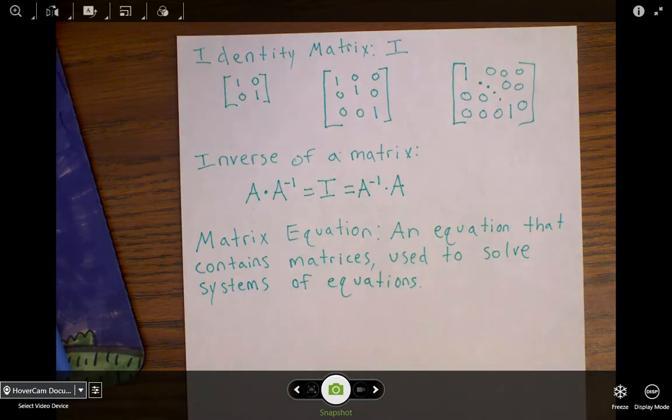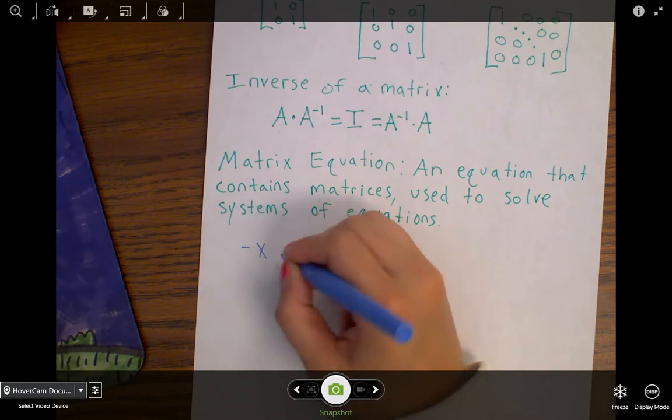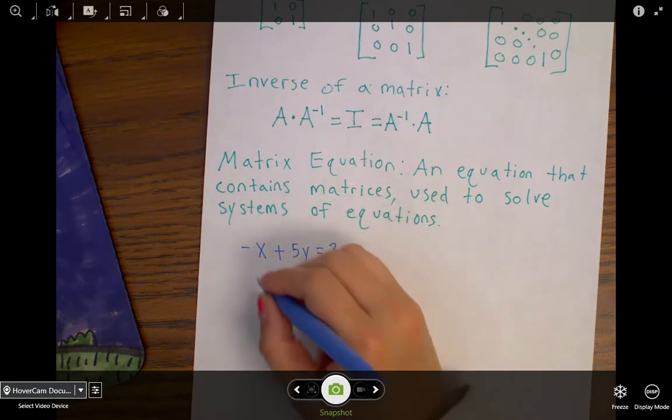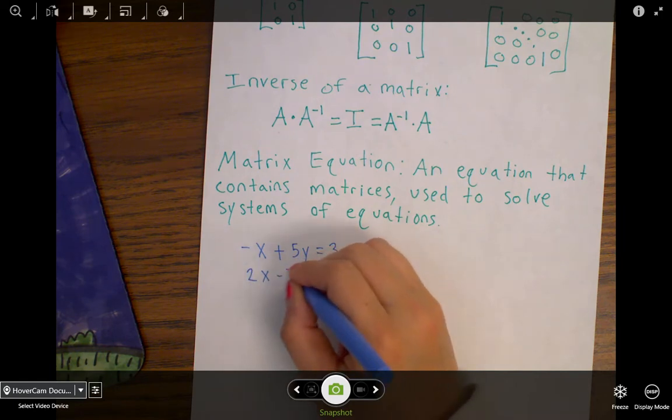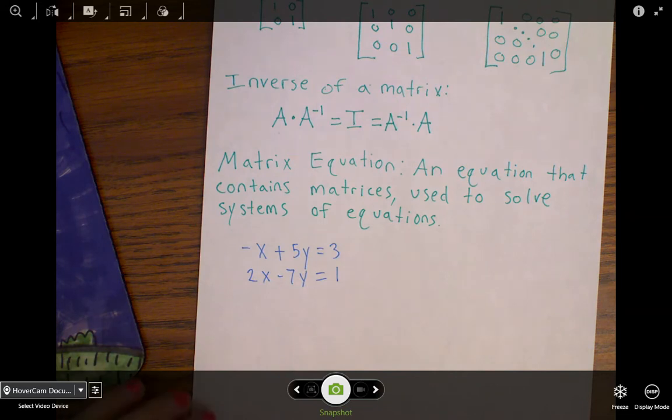So now let's look at an example of that. Let's say we had the system of equations -x plus 5y equals 3, and 2x minus 7y equals 1, and I wanted to write out the matrix equation.